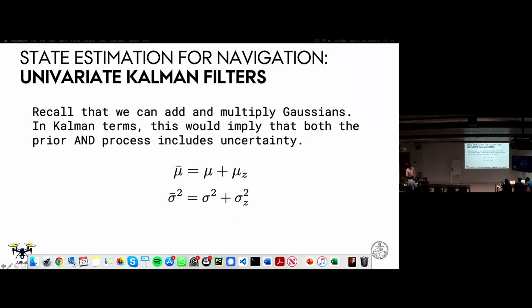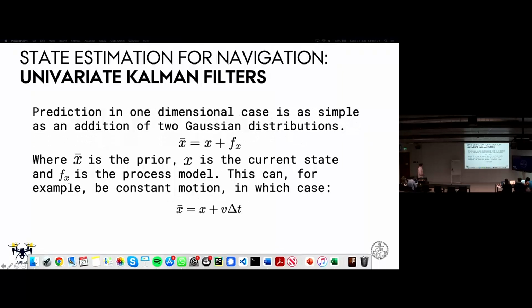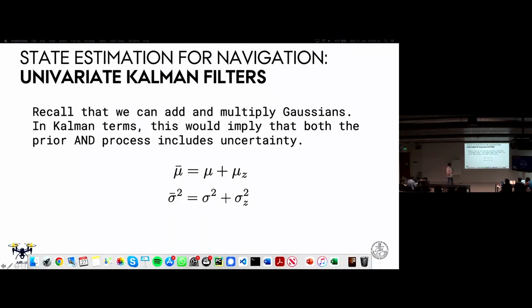And obviously, since we can define the process model itself with some form of uncertainty, you can also define it in terms of a Gaussian distribution, right? So if you know what your current position is, and you know the measurement you took with a sensor, just imagine an abstract sensor, then you can define the prior probability using both the means and the standard deviations of both of those.